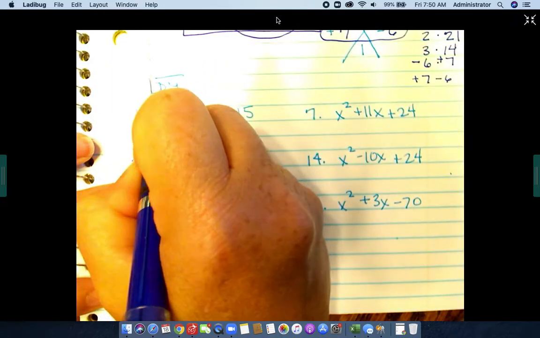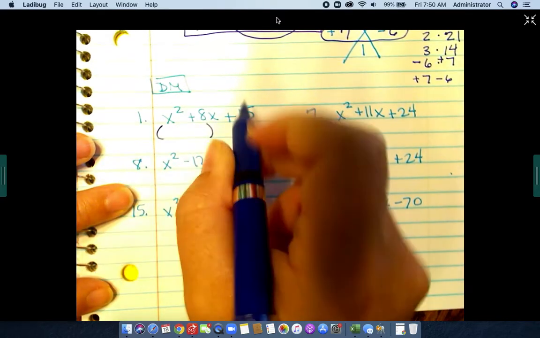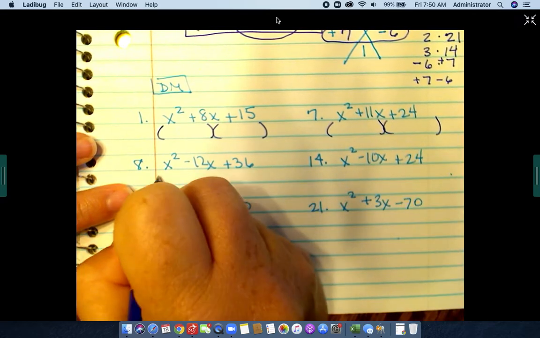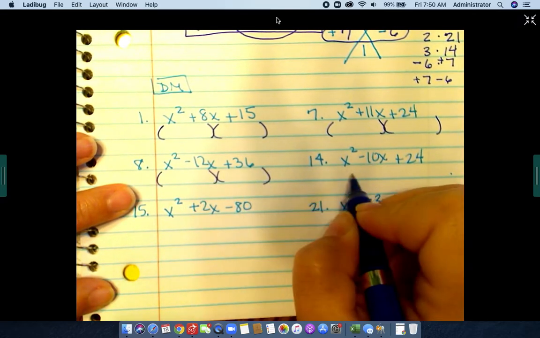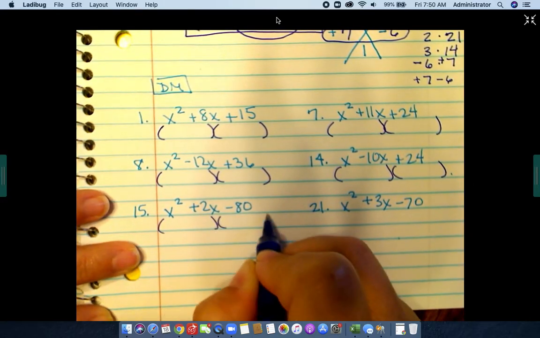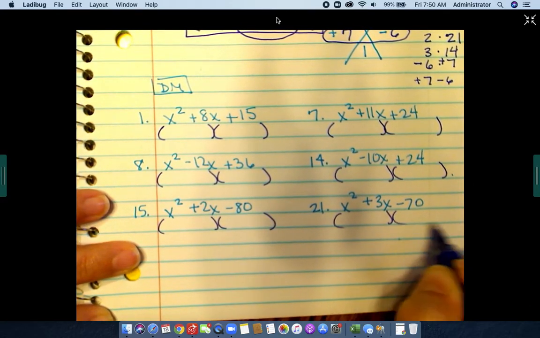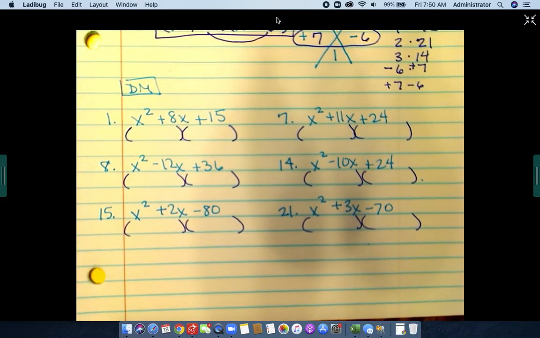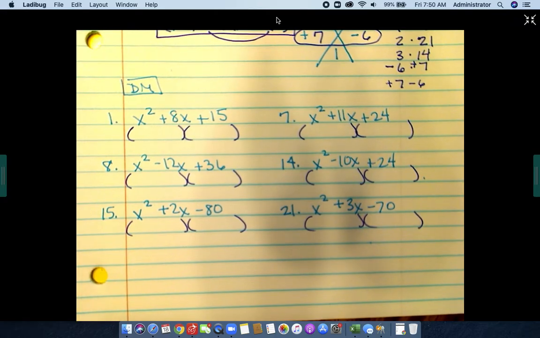So again, the first thing I want you to get in the habit of is recognizing that quadratic trinomials factor into 2 sets of parentheses, so you can write 2 binomial factors. So feel free to pause the video at this point and write these problems down. And then fill in your signs and restart the video and see if you got your signs right.